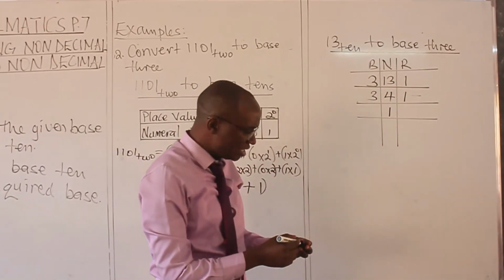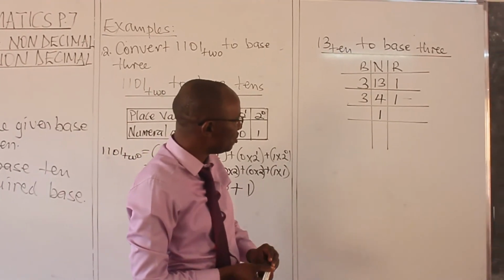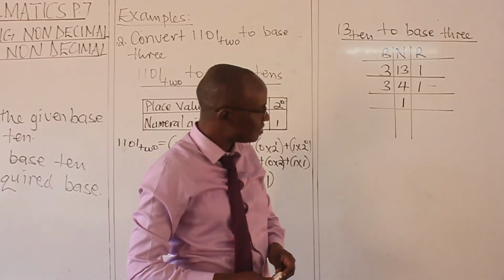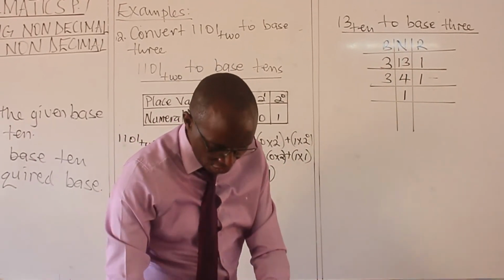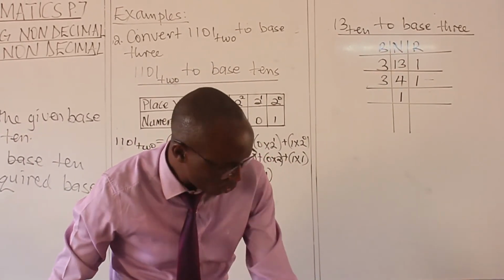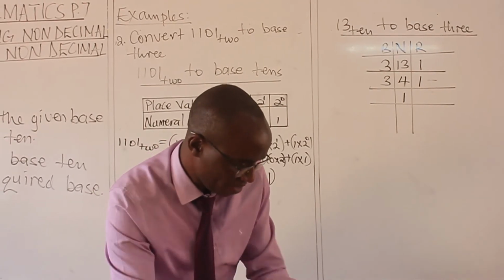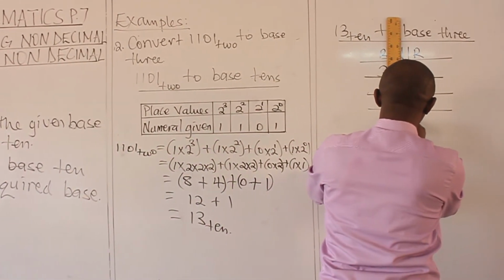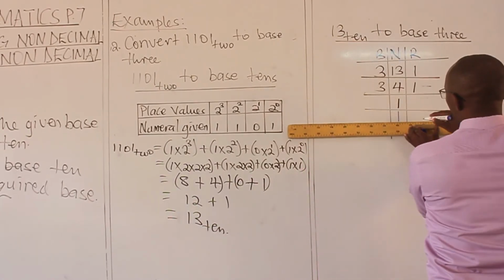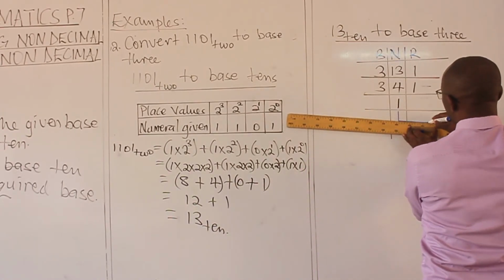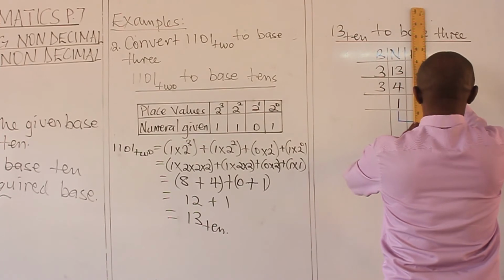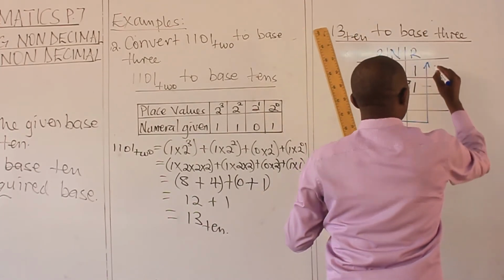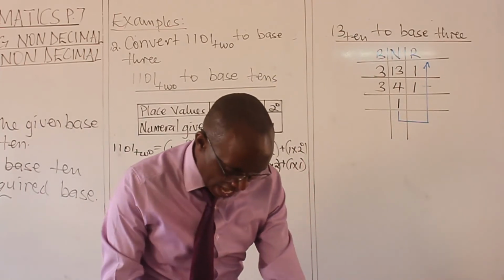So now we have reached our final destination. We can no longer divide 1 by 3. Remember, 1 is less than 3. So what we do now is to record our final answer. So I say get a ruler, draw an arrow of this kind. That is where you begin. Then you move up. So now we record our final answer.